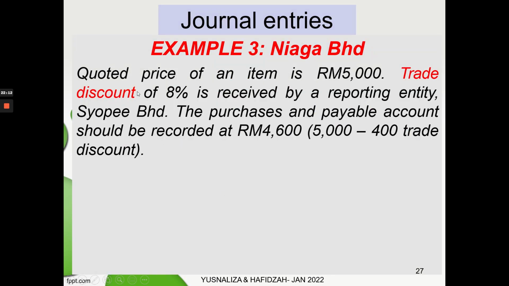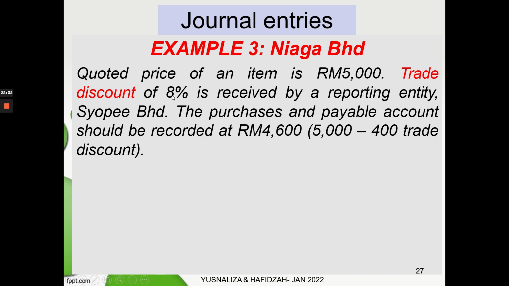Example 3, Gagah Bhd quoted price of an item is 5,000, trade discount is 8%, so you will have some trade discount received by a reporting entity, Shopee Bhd. The purchases and payable account should be recorded at 4,600. Why 4,600?